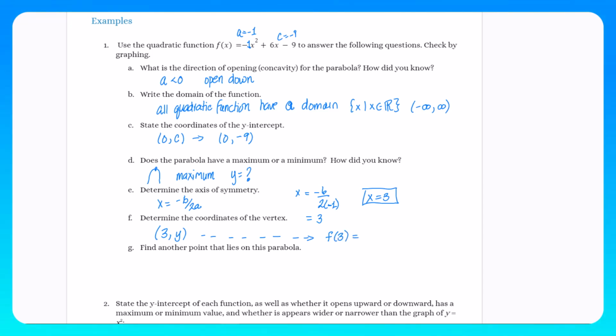Let's plug it into our original quadratic function: negative 3 squared plus 6 times 3 minus 9 is going to be the new y value. Well, 3 squared is 9, so that's negative 9 plus 18 minus 9. That's going to equal 0, which means the coordinates of the vertex are 3 and 0.